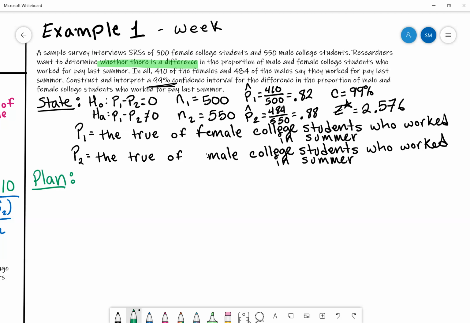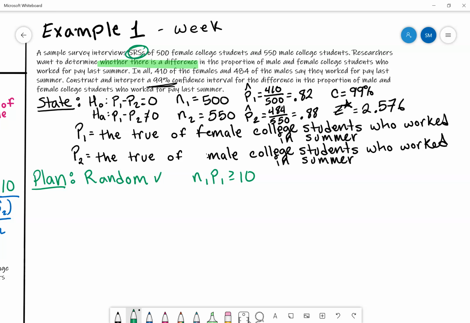So in the plan, the first thing that we need to do is figure out, is it random? Did they randomly select these people? And if you look right here, it says SRS, which means random, simple random sample. The next thing, step 2, n sub 1 times p sub 1 has to be greater than or equal to 10.